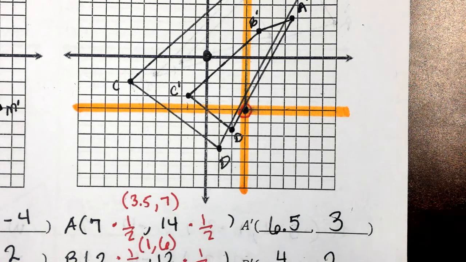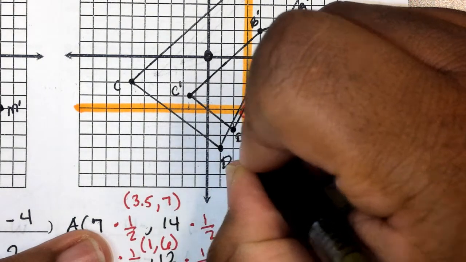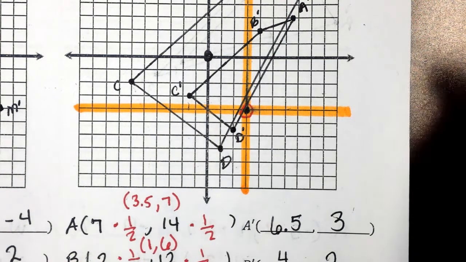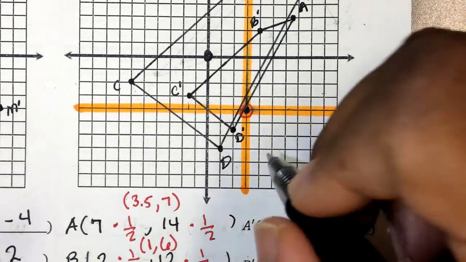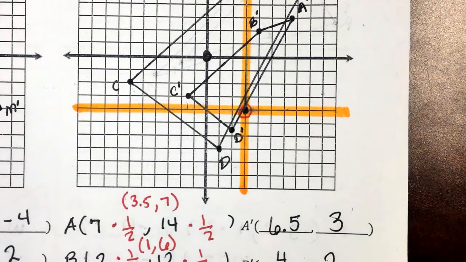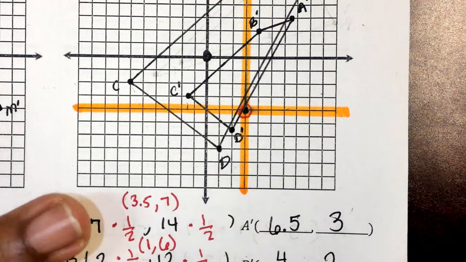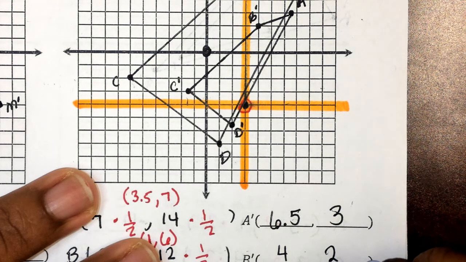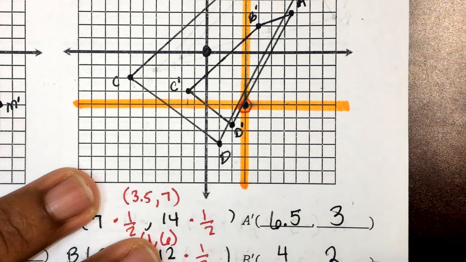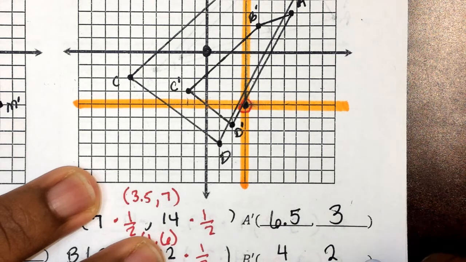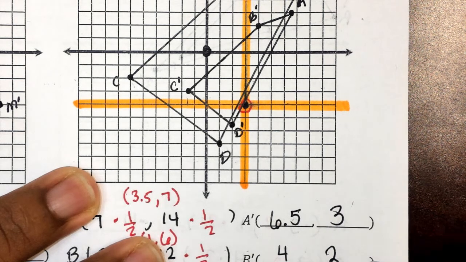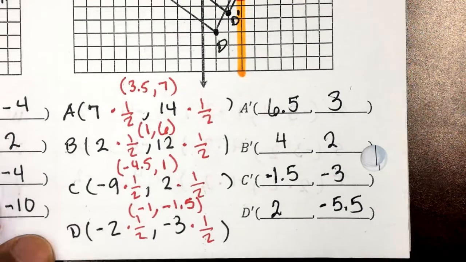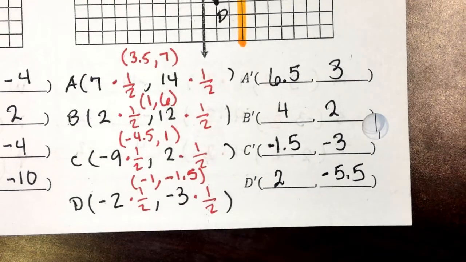I think you're looking at the original D. Look at D prime, and I didn't even put a prime notation on mine. My bad. Yeah, 2, negative 5.5. I didn't know I wasn't showing y'all that.